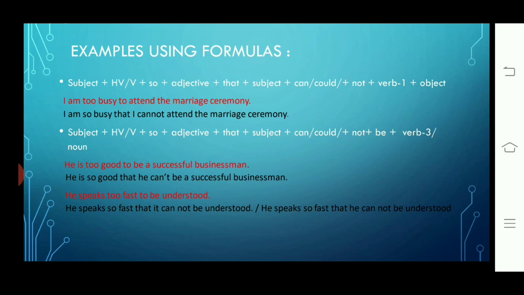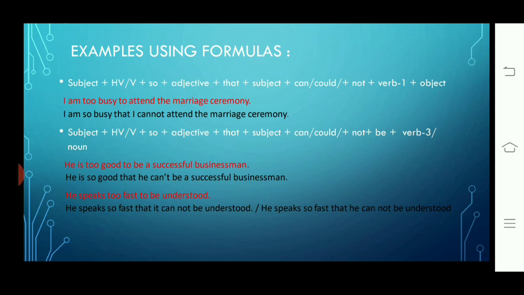Now next is, he speaks too fast to be understood. He speaks so fast that it cannot be understood, or he speaks so fast that he cannot be understood. So both ways it can be taken. Either you can use an object like "it", or else the subject "he".